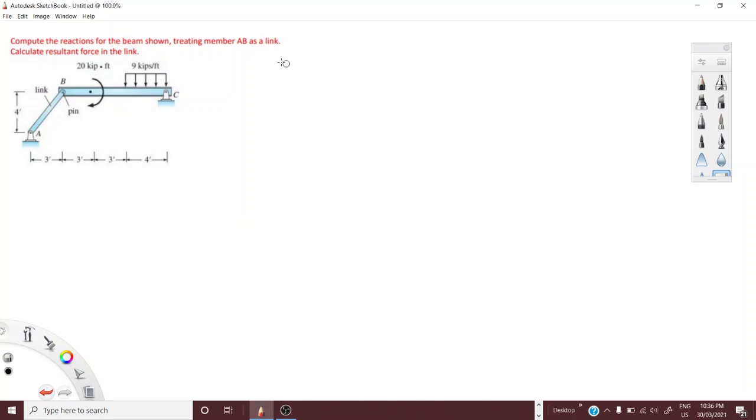Hello guys. In this question it says to compute the action of the beam, treating member AB as a link, which is hinged. The hinge has internal loads Bx and By, By for shear and Bx for normal force.